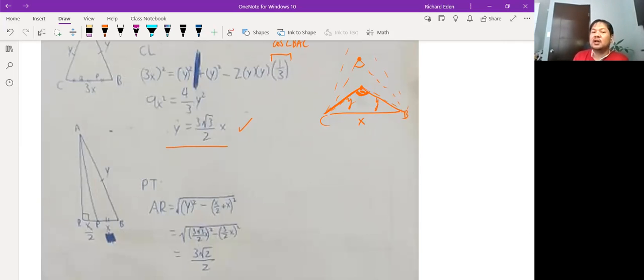Hindi enough. Kasi if you're just given the sides of a quadrilateral, even if given no order, pwede kang mag-drawing ng halimbawa, the sides are 4, 4, 4, 4 para madali. Gagawin natin 5, 5, 5, 5. Pwede kang mag-drawing ng square of side length 5.